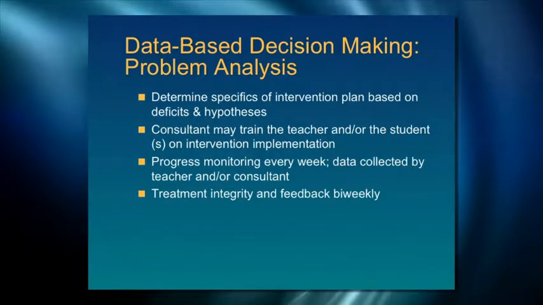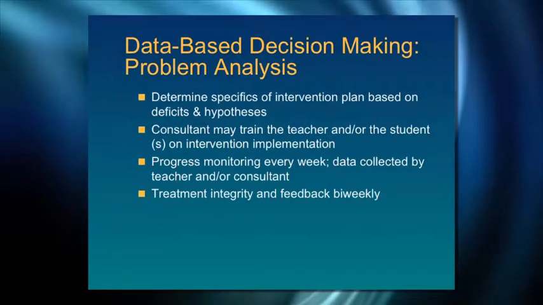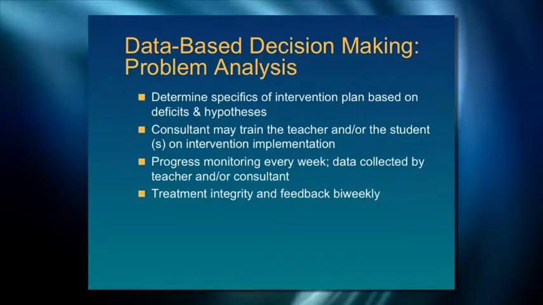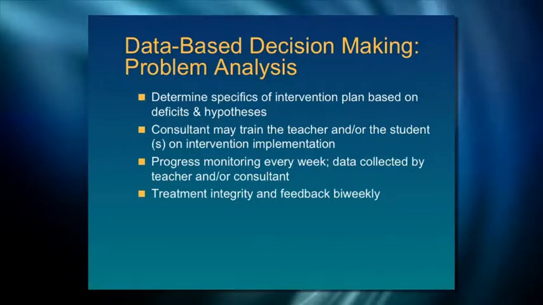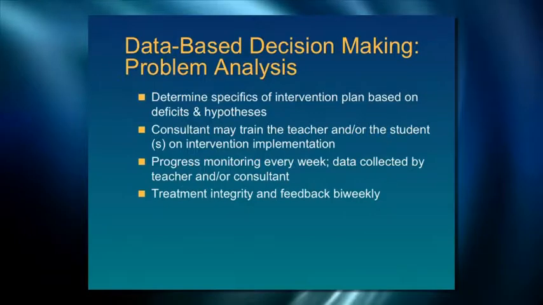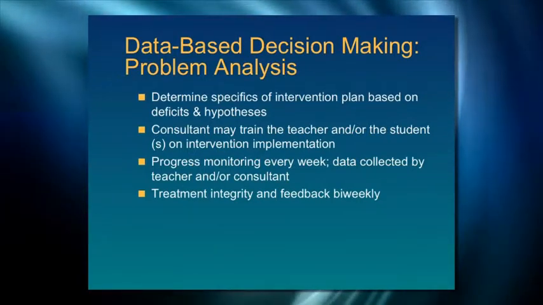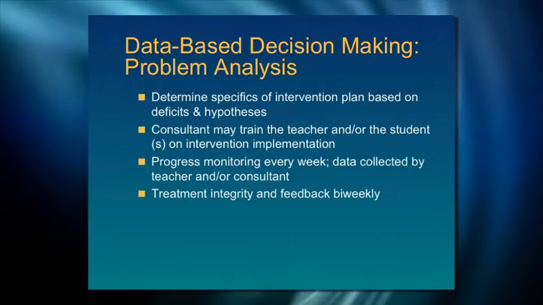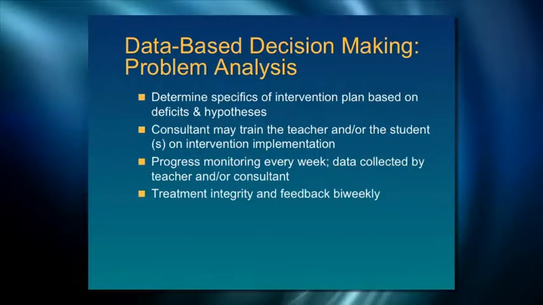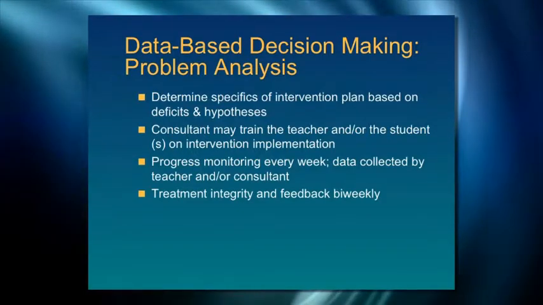And this is where we determine the specifics of an intervention plan based on the data we've gathered and the hypotheses we've generated from those data. So, for example, at a basic level, we want to know, are we dealing with a skills deficit or a performance deficit? Because if we're dealing with a skills deficit, what kind of intervention component do we want to make sure is part of the plan?